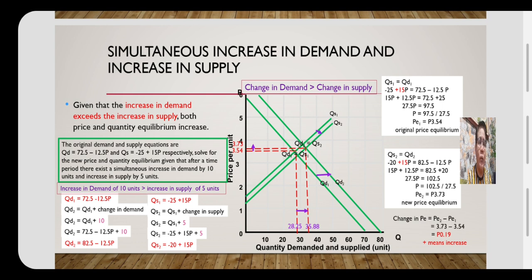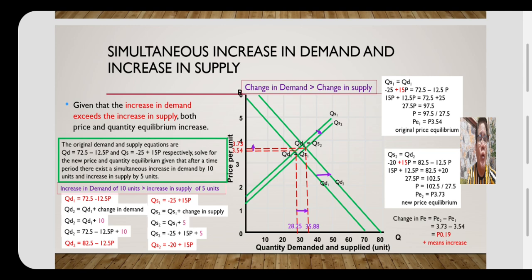are solved. In the following slide, we will be showing the way the new and the original quantity equilibrium can be computed.